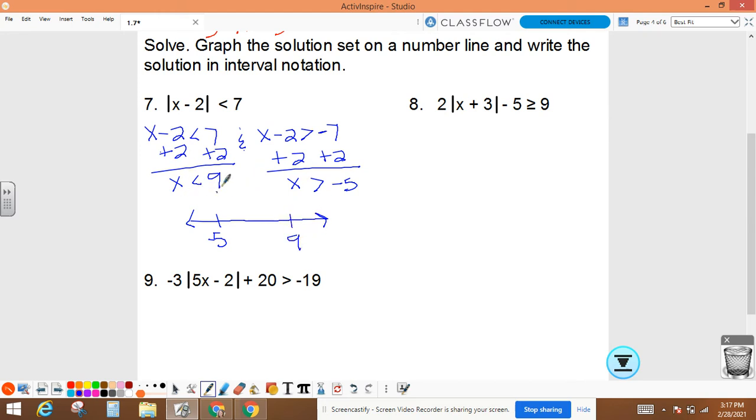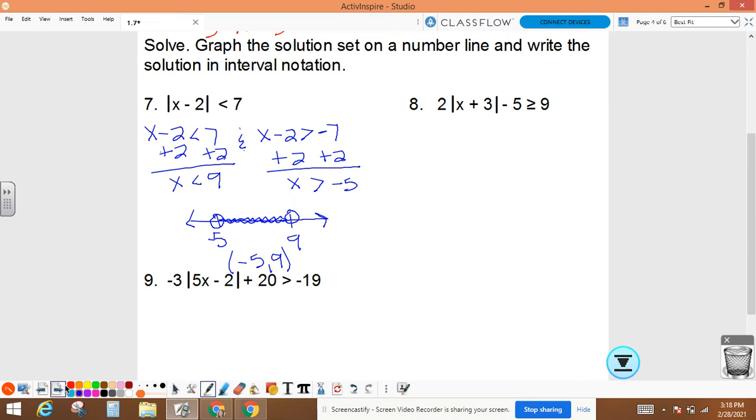All right, so at the 9, we want to have an open circle and shade smaller. At the -5, we want an open circle and shade bigger. So those are going to overlap in between those two numbers. So I go from -5 to 9 as my interval notation.